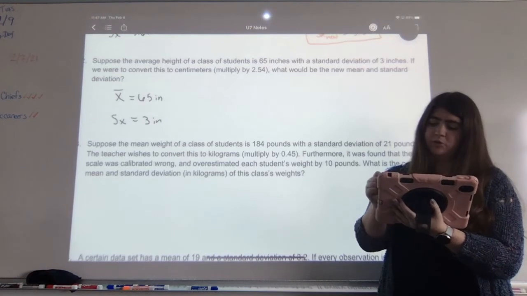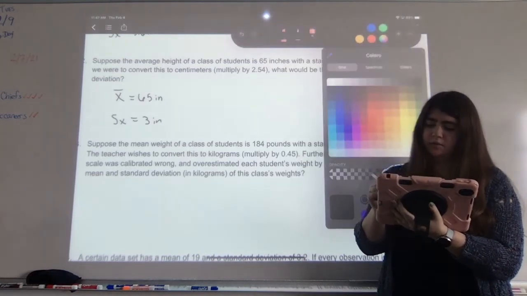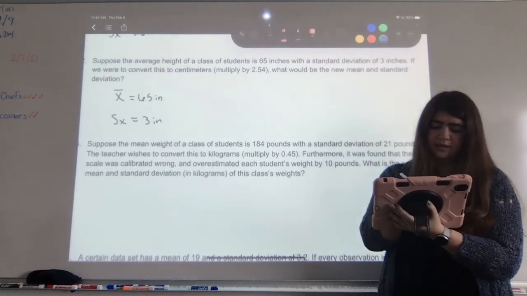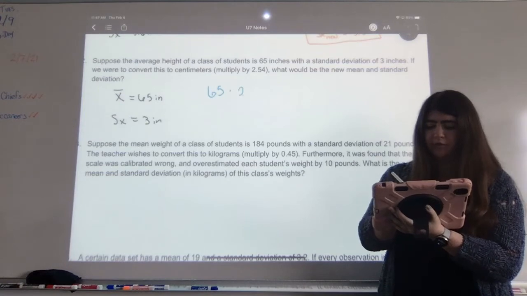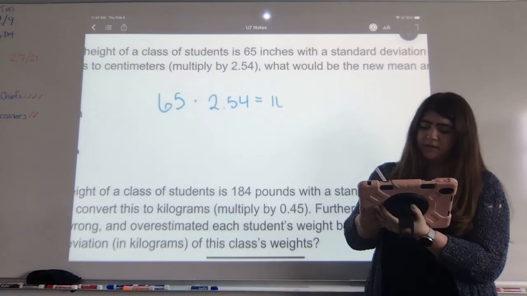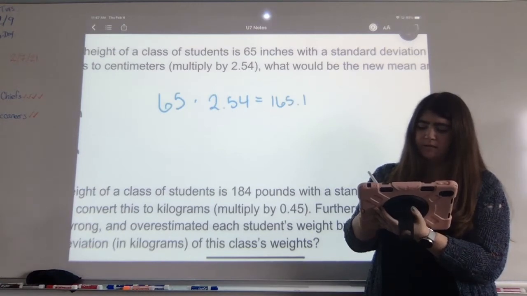So I have two pieces of work to do here. I have 65 times my change, which is 2.54, which is equal to 165.1 centimeters.